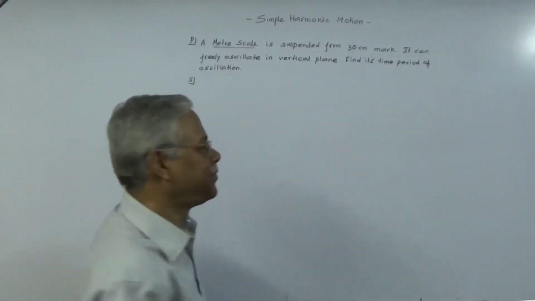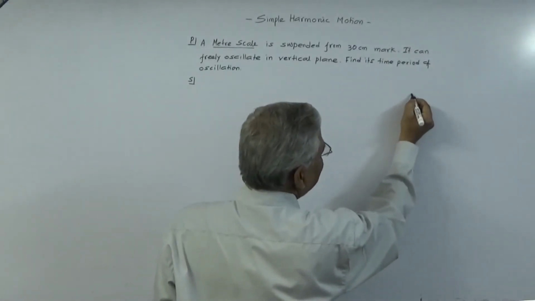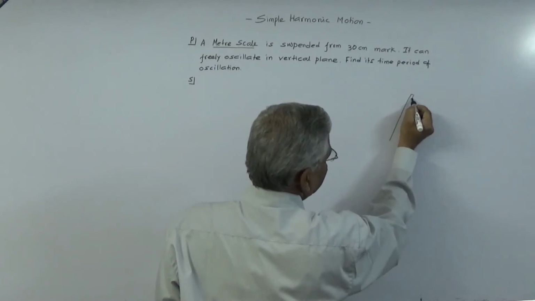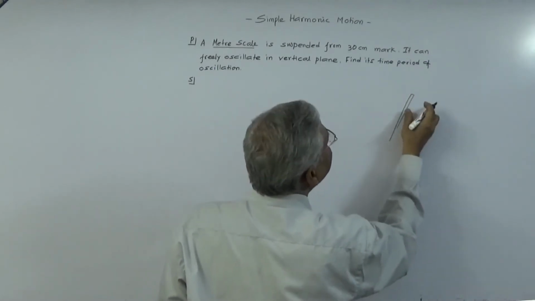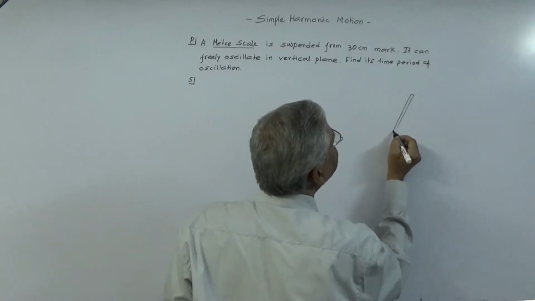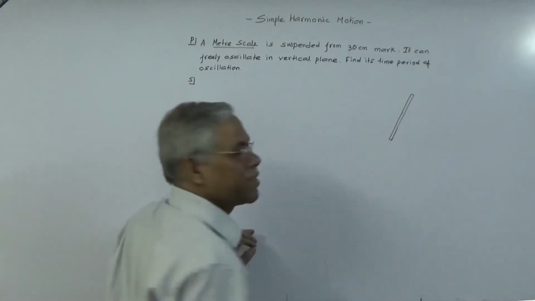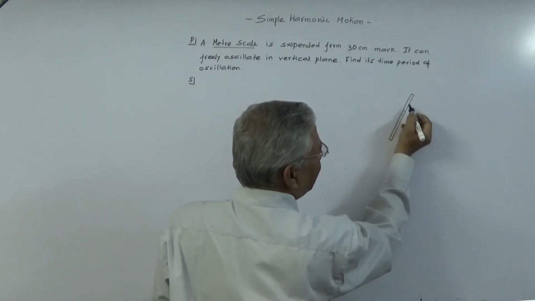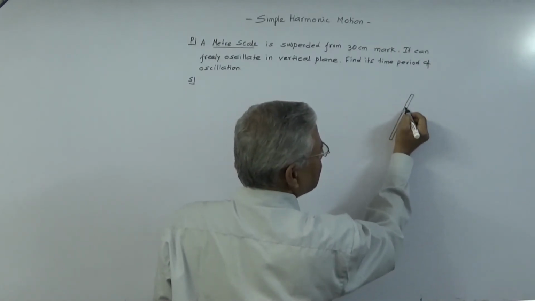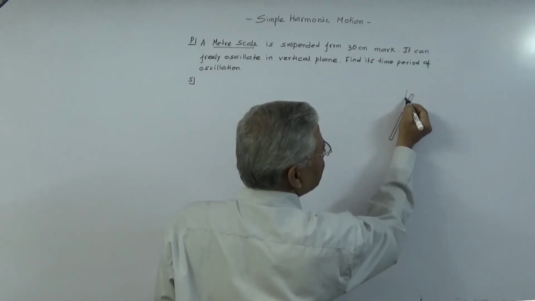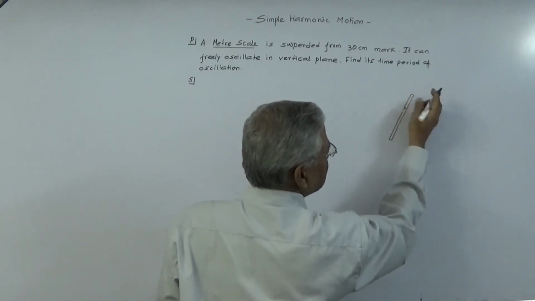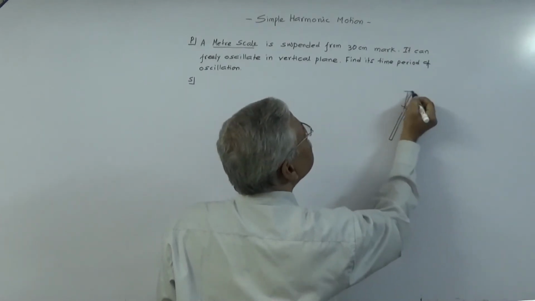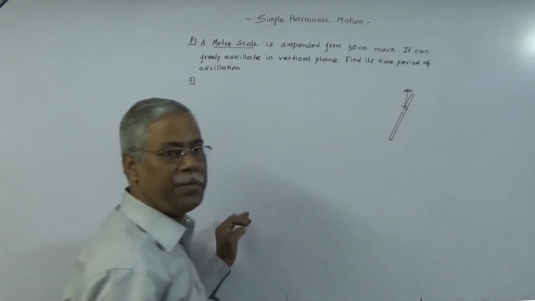A meter scale means its length is 1 meter. This is the meter scale, suspended from the 30 centimeter mark.